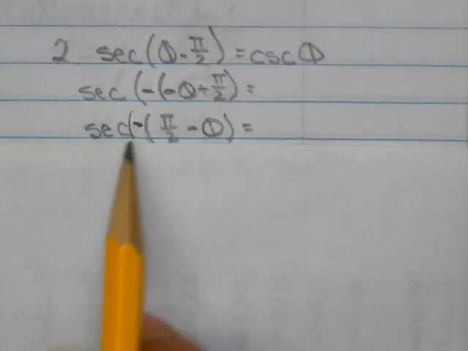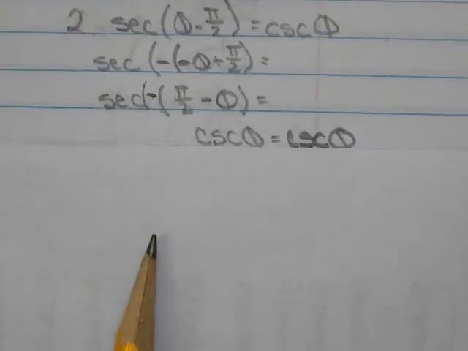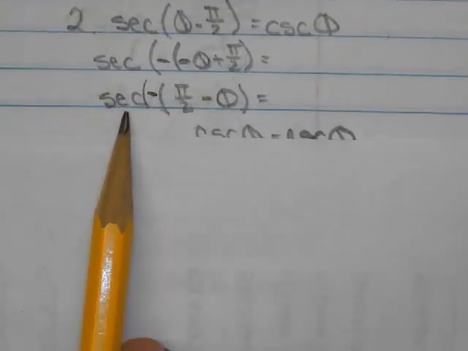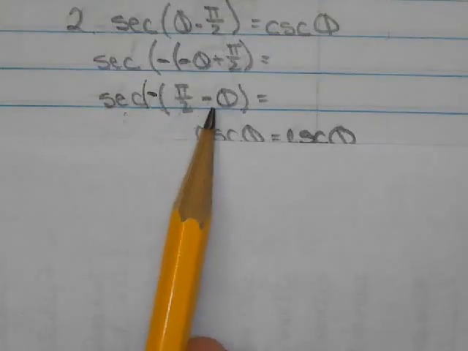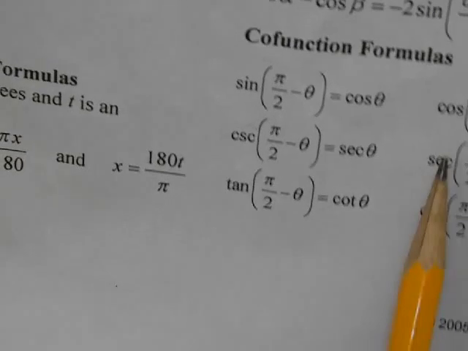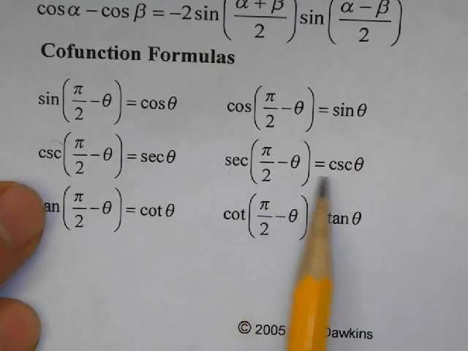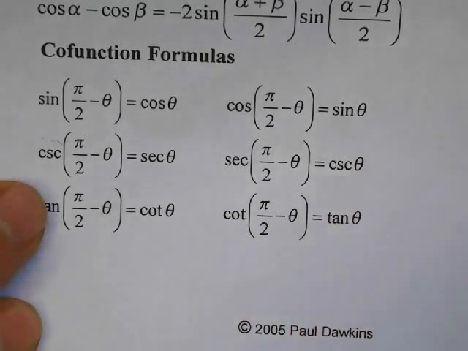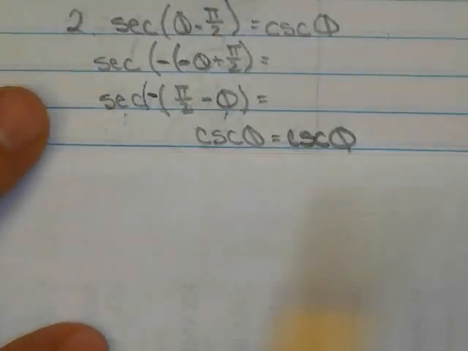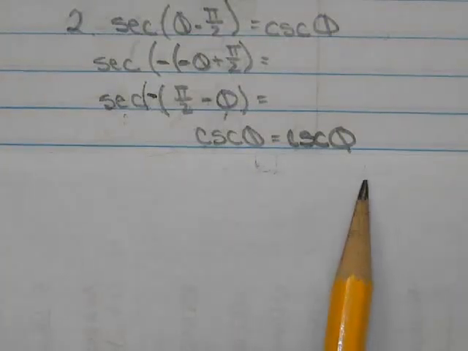So if this is secant of a negative theta, that's equivalent to a positive secant of that. So it would be secant of pi over 2 minus theta. And I know that the secant of pi over 2 minus theta is the cosecant. So that's how I get cosecant of theta equals the cosecant of theta.